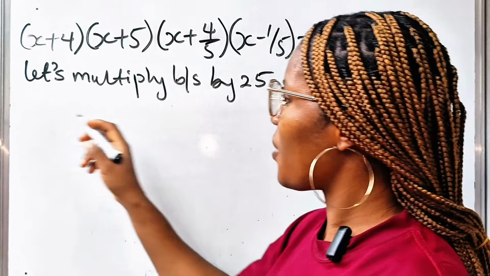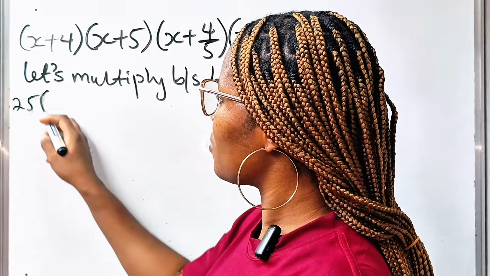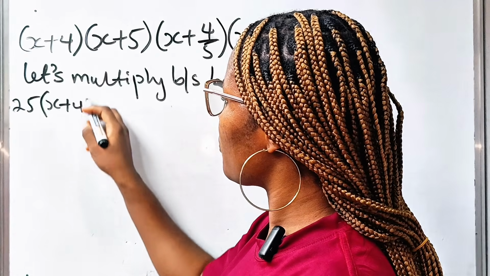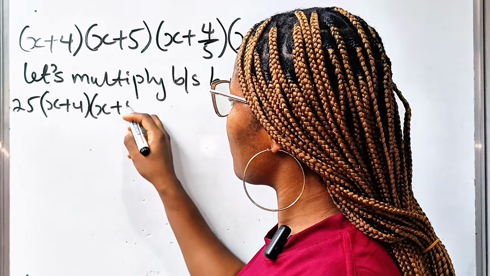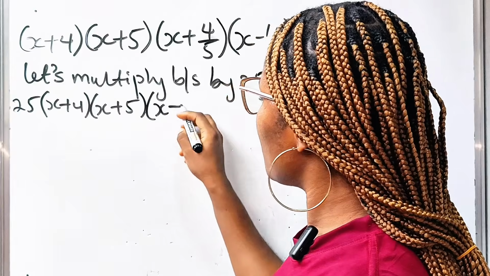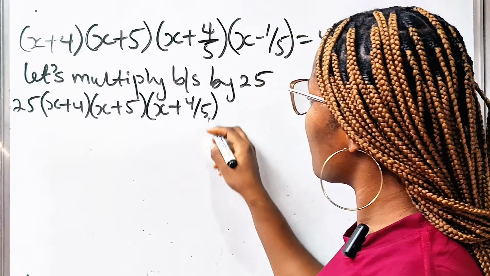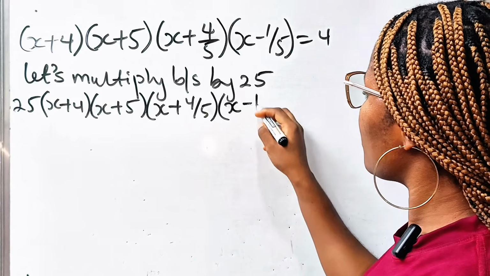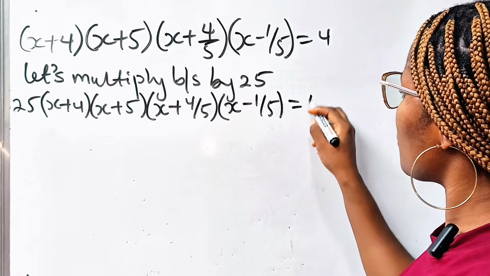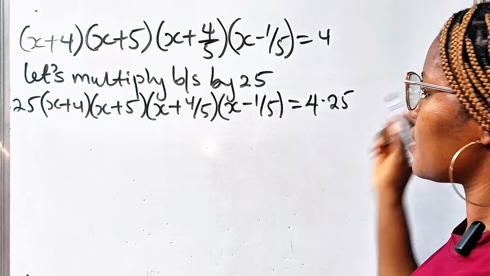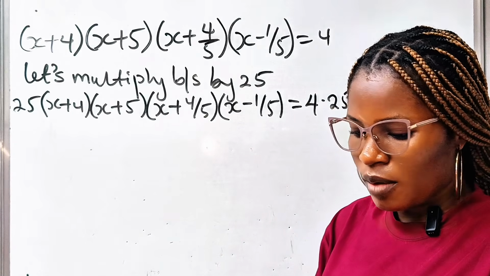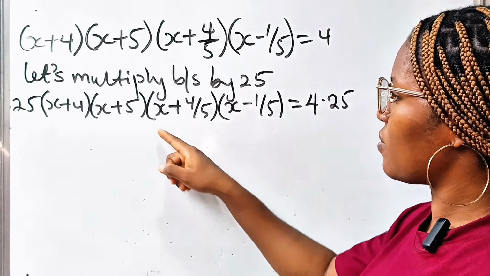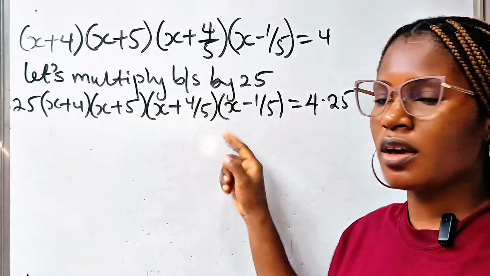Okay, so now we have 25 multiplied by (x + 4)/5 plus (x - 1)/5 is equal to 4 multiplied by 25 as well. Now I'm going to distribute this 25 to 5 and 5, okay?